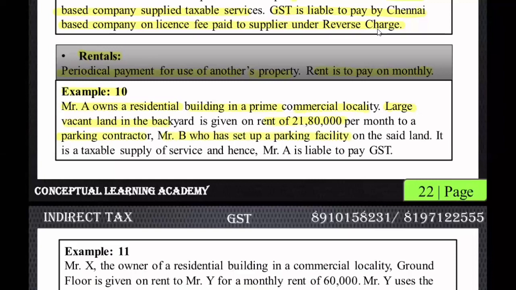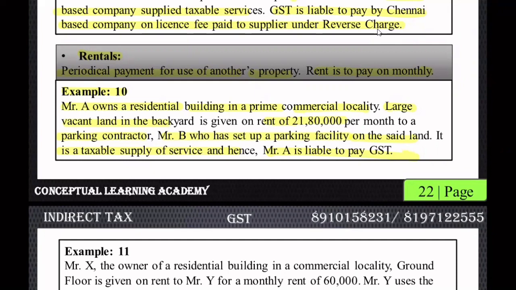It is a taxable supply of service, and hence Mr. A is liable to pay GST. Why? He has that residential unit and he is giving it on rent, so he is the one receiving the rent. So along with rent, he will also collect the GST from Mr. B, to whom he has given the property on rent, and he will deposit it to the government.